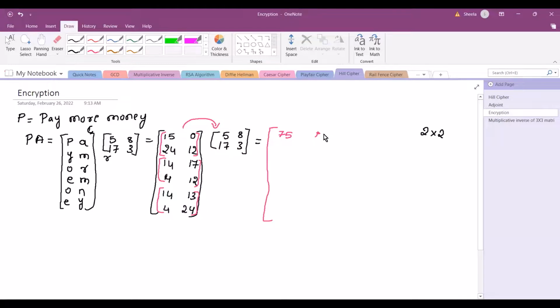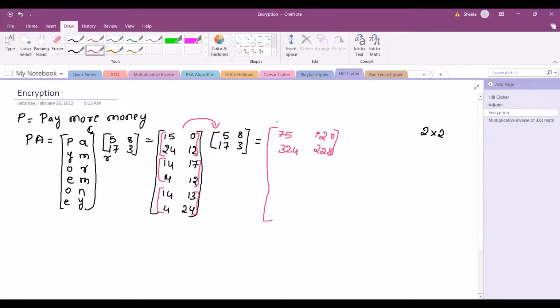So in this case, we are going to get the value as 120, and we are going to get this value as 324, and this value as 228.